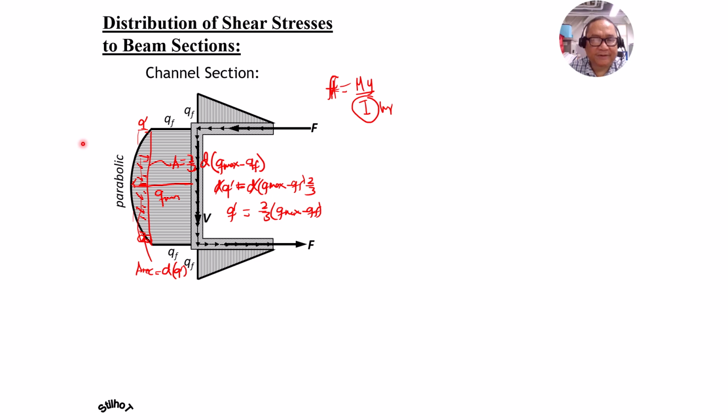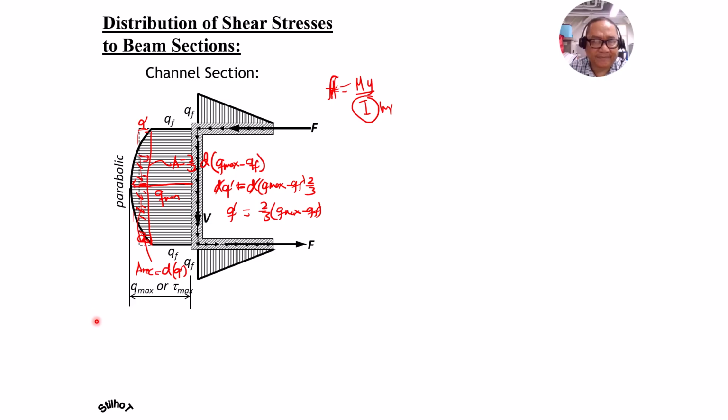And therefore, the average shear stress or the average shear flow would be QF plus, because the area is 2/3 base times height, where the base is the depth here, and the height is Qmax minus QF, then Q average is QF plus 2/3 of the quantity Qmax minus QF. So that's the idea. This is the Qmax or tau max.